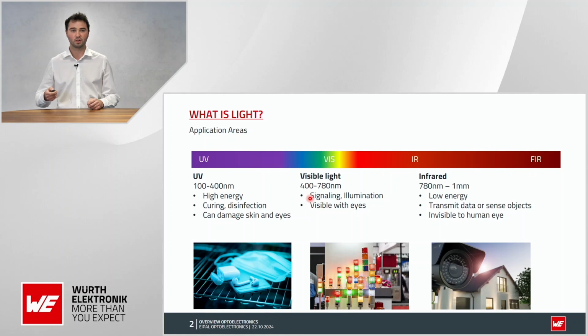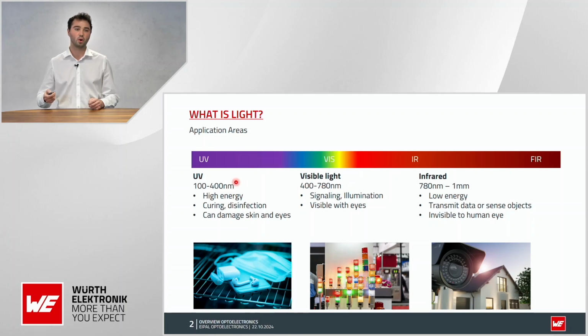Light is just electromagnetic radiation. All electromagnetic radiation is characterized by a wavelength, and it just happens that you define the optical range, or light, as a certain wavelength range. In this range we have the visible light, 400 to 780.